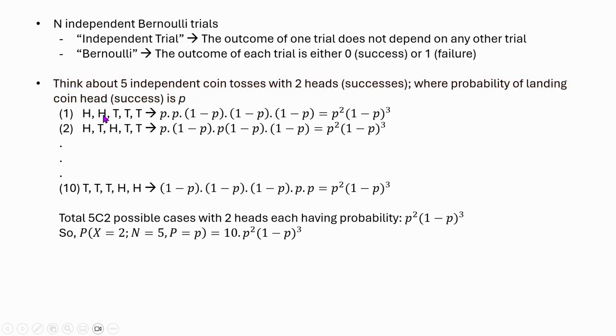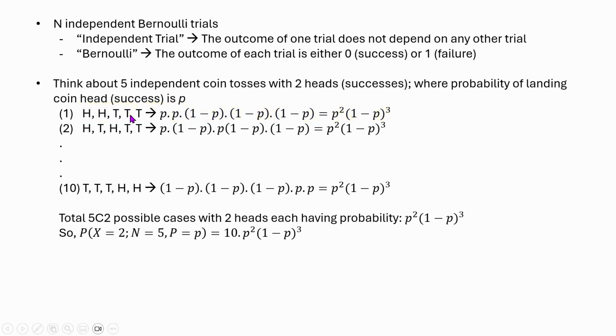So let's see what are the possible cases of this. Number one is we can have 2 consecutive heads and then 3 consecutive tails, and we can basically multiply P, that means probability of success head, into P, probability of head, into 1 minus P, probability of tail, same thing twice more. And the answer is P square into (1 minus P) whole cube.